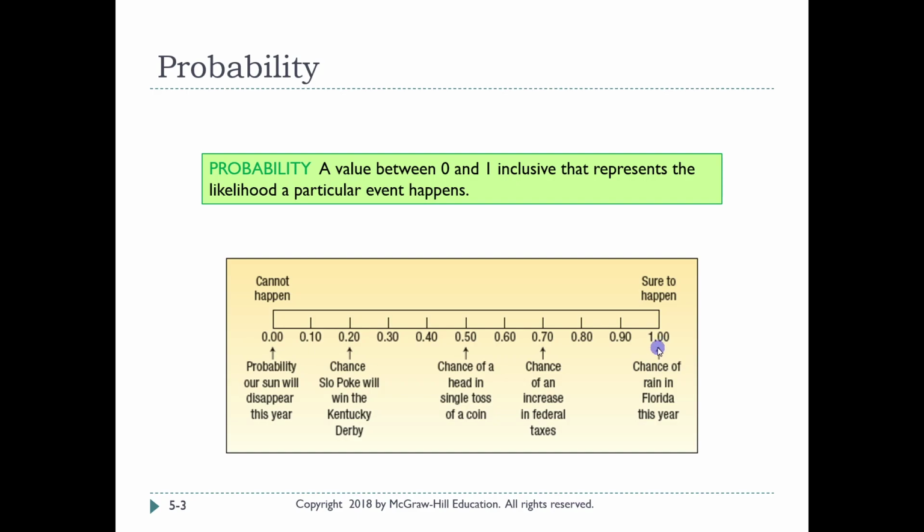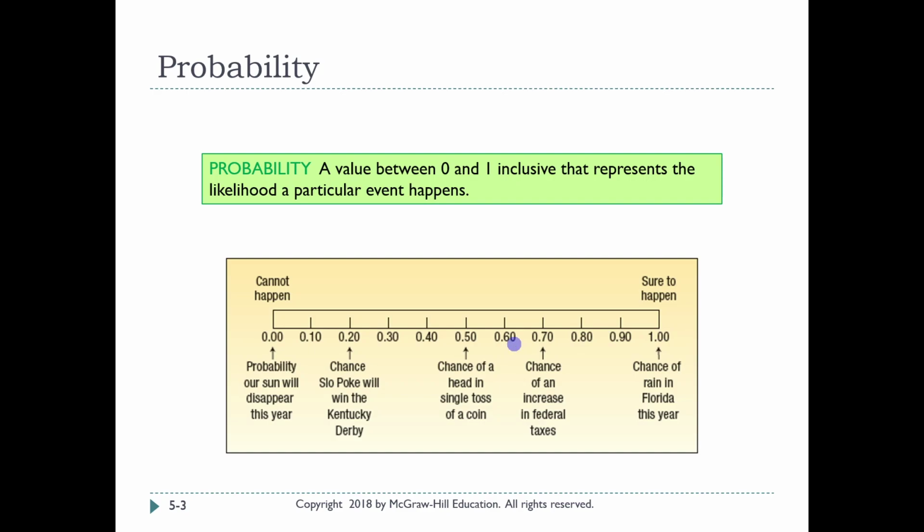Now we often switch back and forth from probabilities to percentages, and that's okay. So this would be 100% chance of rain and 0% chance that the sun disappears, and all the probabilities fall somewhere along this. So we can't have 110% chance, right? Even if you give 110% effort, you can't have more than 100% likelihood of an event.